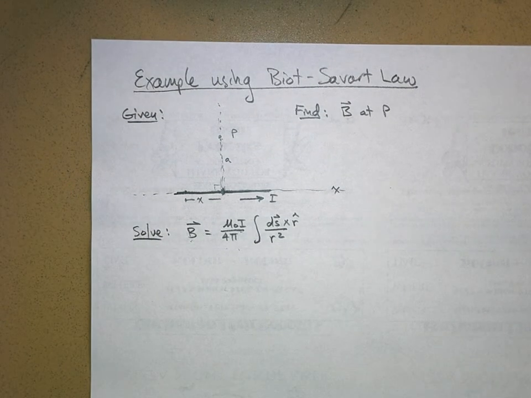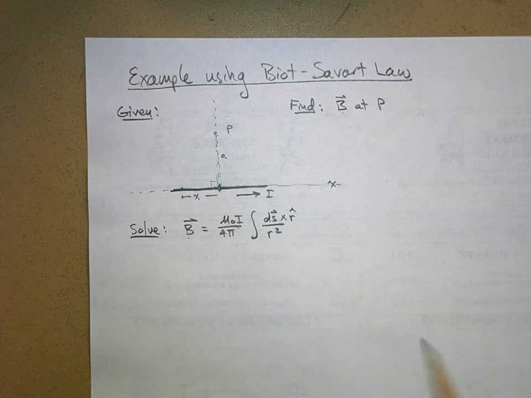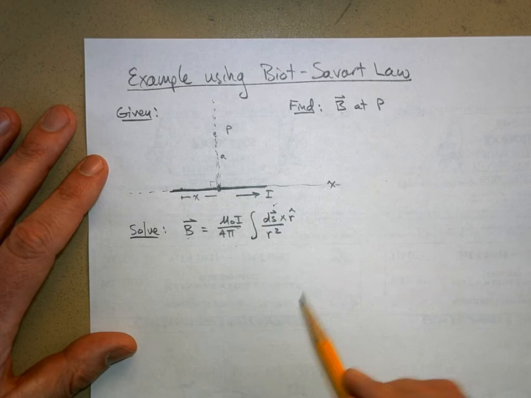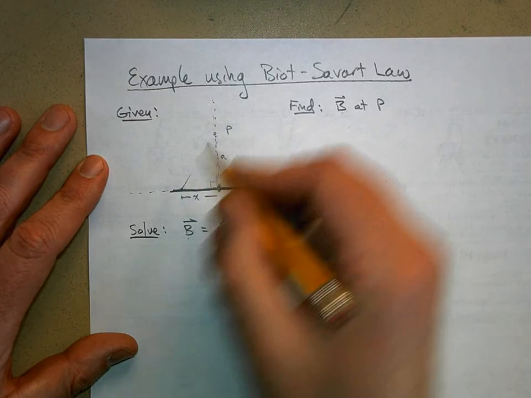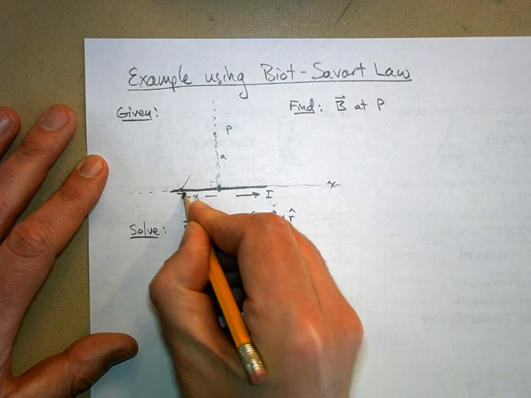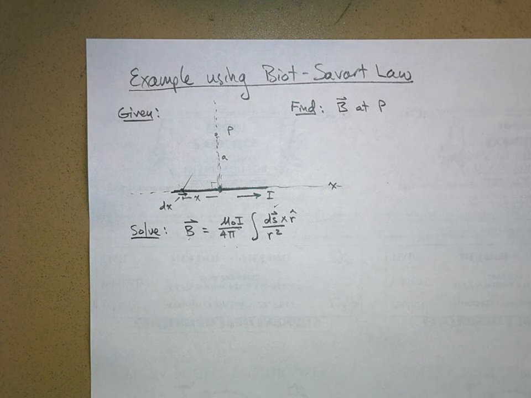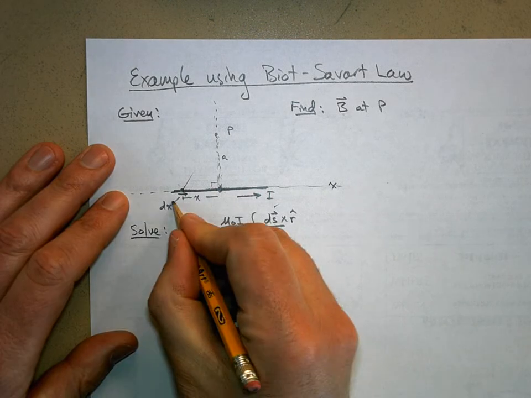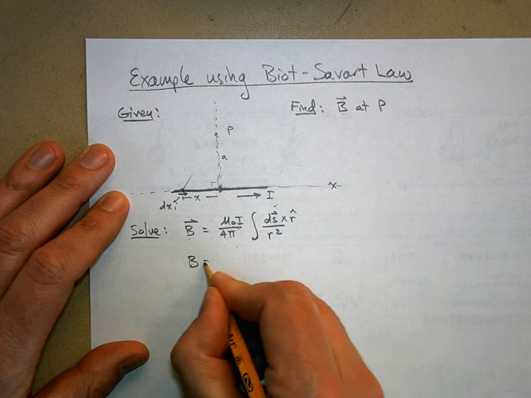So I want to evaluate this integral, but I've got to look at how many variables I've got. I've got ds, which I can call dx. Here's, we'll put a little dx right here. There's my dx right there, and we'll put it in the i hat direction. And so now I've got to start working on this.